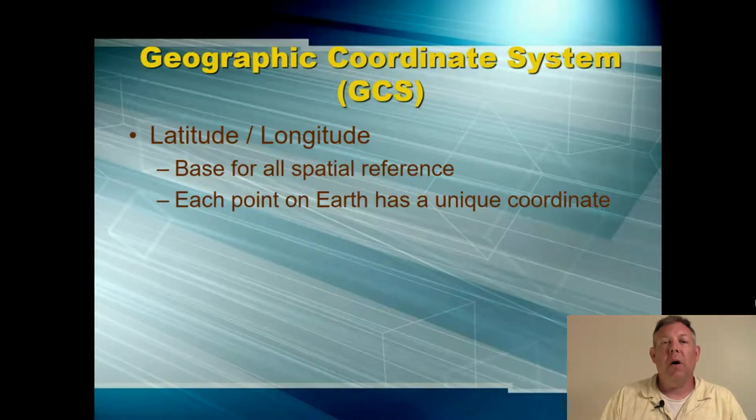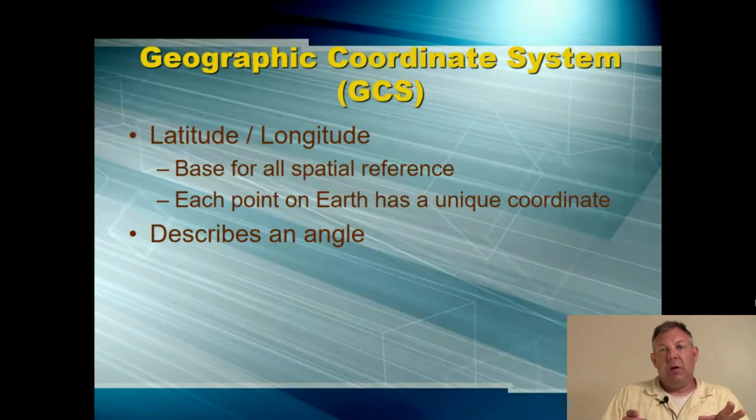So anywhere you are on the planet, you can have a unique set of coordinates, and that's the power of the GCS, and that's why it is the baseline or the foundation for all other systems. We'll talk about other systems later, specifically projected systems, but they're all based on the GCS. All georeferenced data starts with the latitude, longitude coordinates.